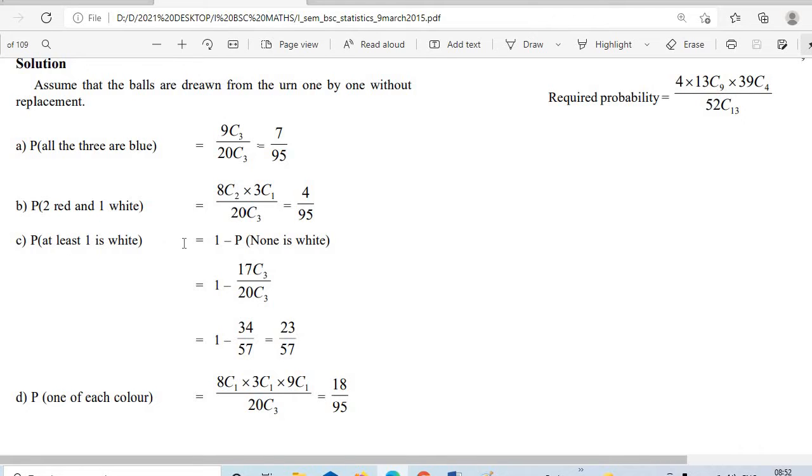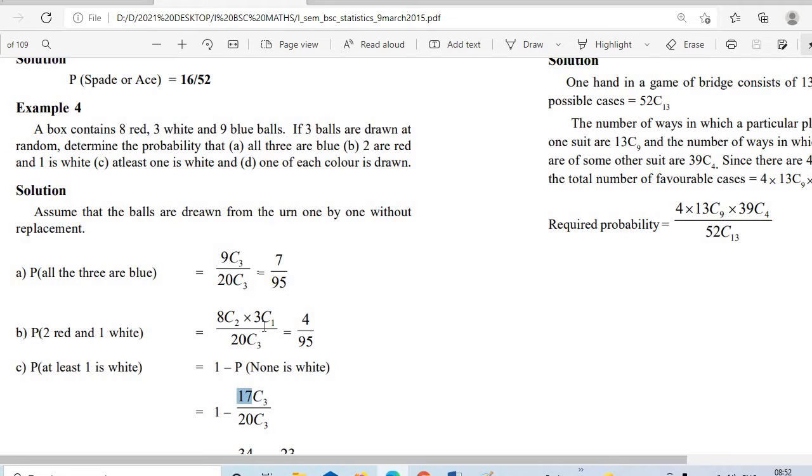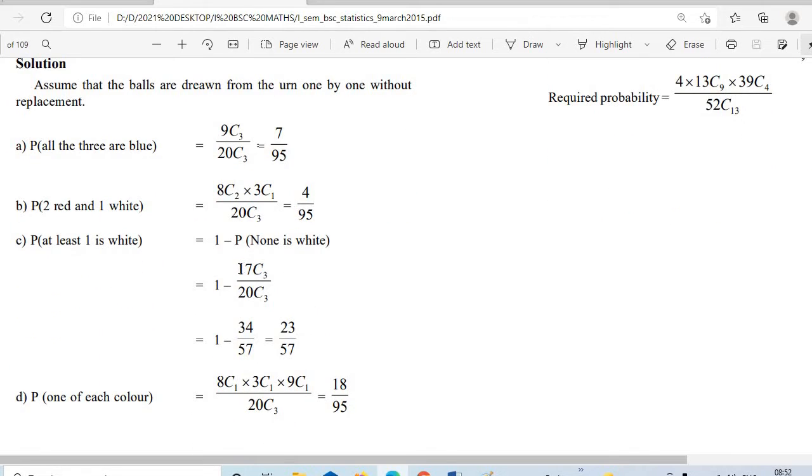Next is the probability of at least 1 white, that is 1 minus P of A complement, that means 1 minus the probability that none is white. If you remove the white balls we will have 17 balls, because we have 3 white balls. So the number of favorable cases for none white is 17C3. Total cases is 20C3.